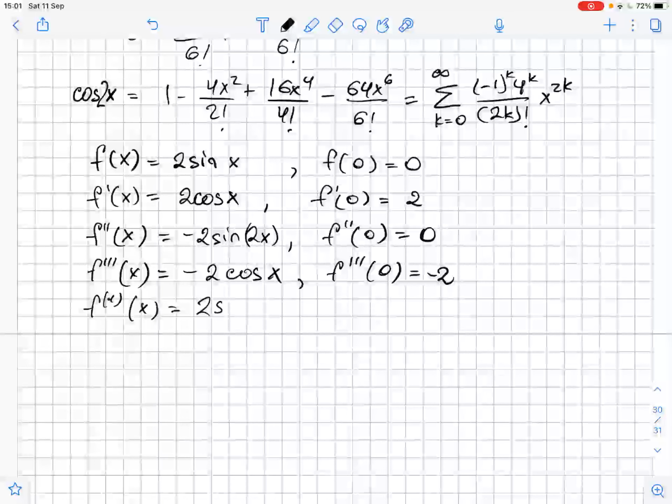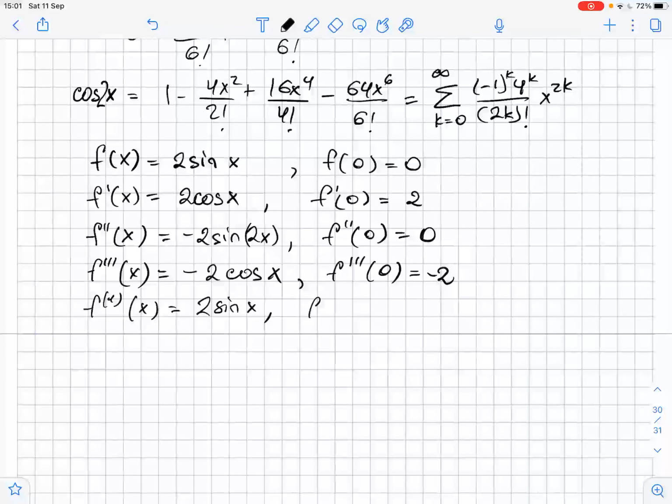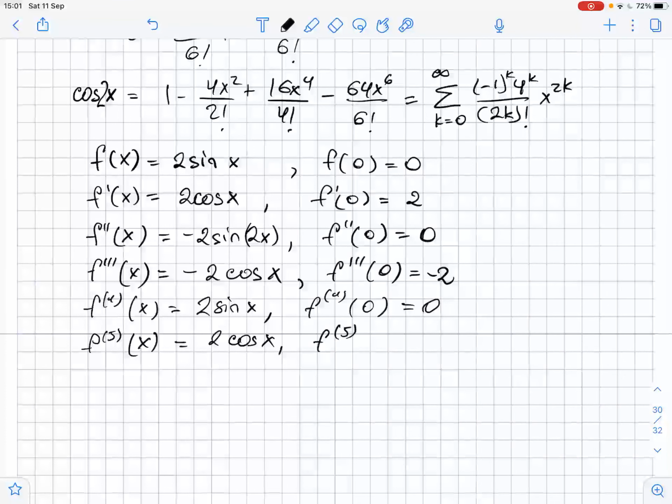The fourth order derivative of f(x) equals 2 sine of x. Then the fourth order derivative at 0 equals 0. The fifth order derivative of f(x) equals 2 cosine of x. Then the fifth order derivative at 0 equals 2.